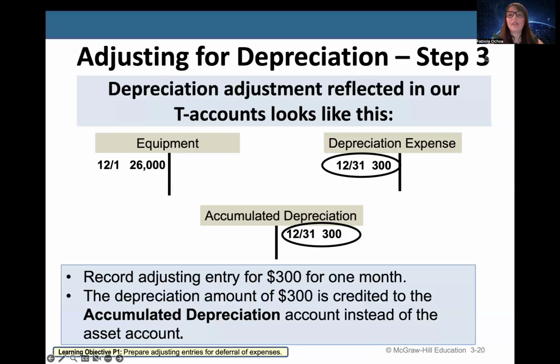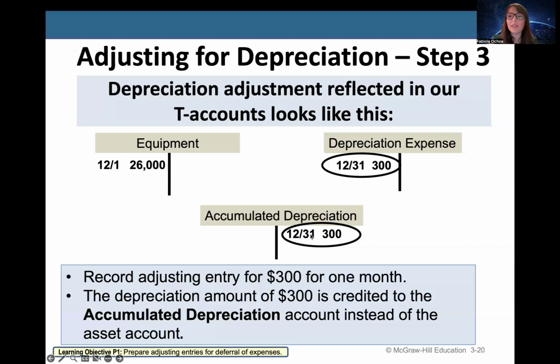Okay, now for the adjusting entry, taking into account our T accounts. Of course, you know, we record the debit in our equipment when we purchased it on December 1st. You have depreciation expense that will be debited for $300 and something called accumulated depreciation that is credited for $300.